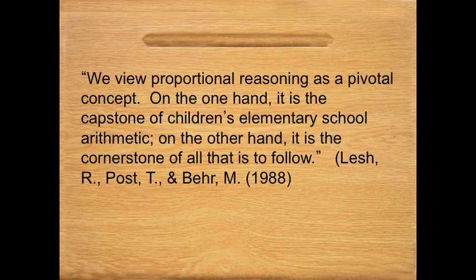Research has also shown that proportional reasoning is an underpinning of being able to do algebra. And as it states, it is the cornerstone of all that follows. That ability to have a sense of proportional reasoning and to understand it is very important in the higher and advanced math topics.